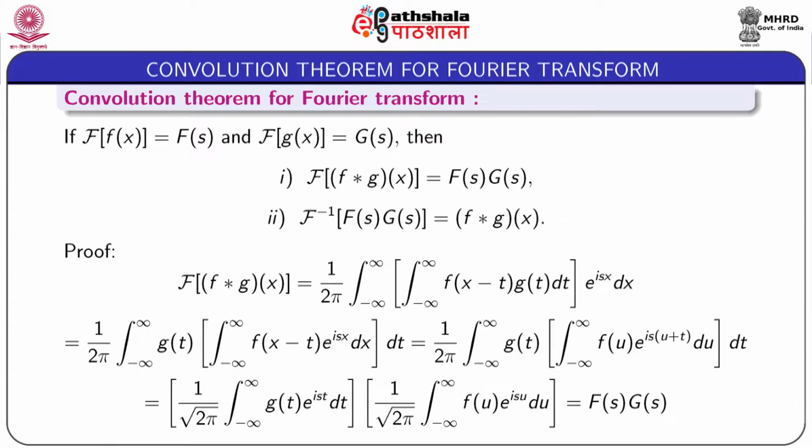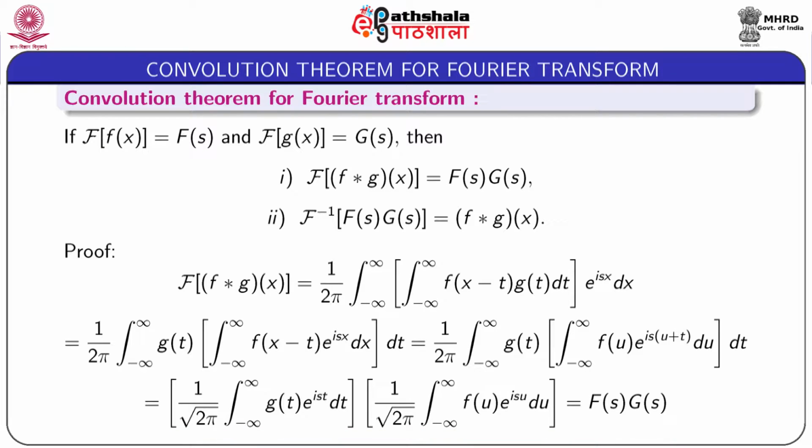So that we get 1 by root 2 pi integral minus infinity to plus infinity g(t) e to the power i s t dt into 1 by root 2 pi integral minus infinity to plus infinity f(u) e to the power i s u du.